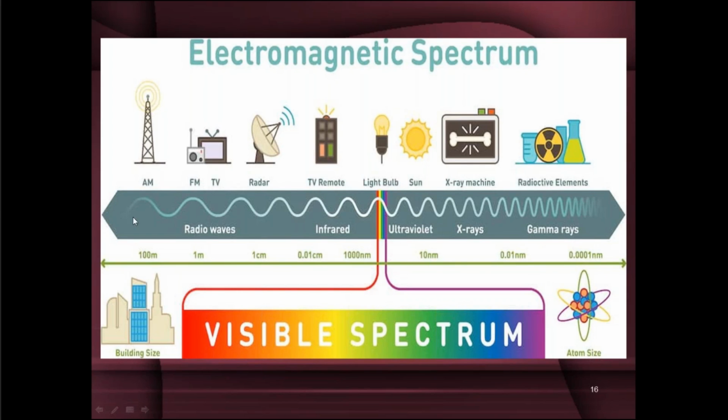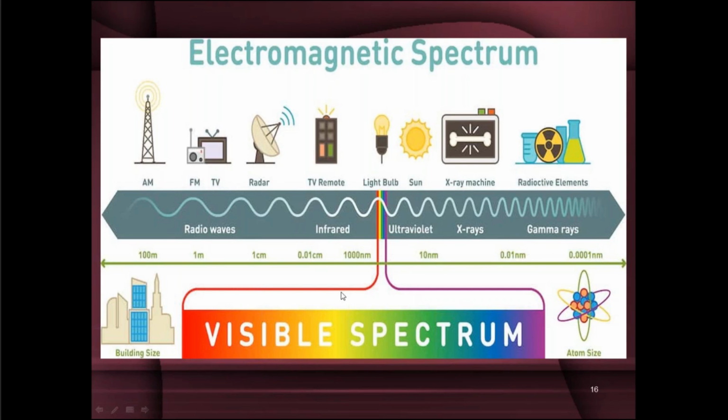You have all these regions: radio waves, microwaves, infrared, and this, of course, is the visible radiation, ultraviolet radiation, X-rays, and gamma rays. It's a good representation which indicates a number of things. You see, here are the wavelengths given. This is the approximate range of wavelengths.